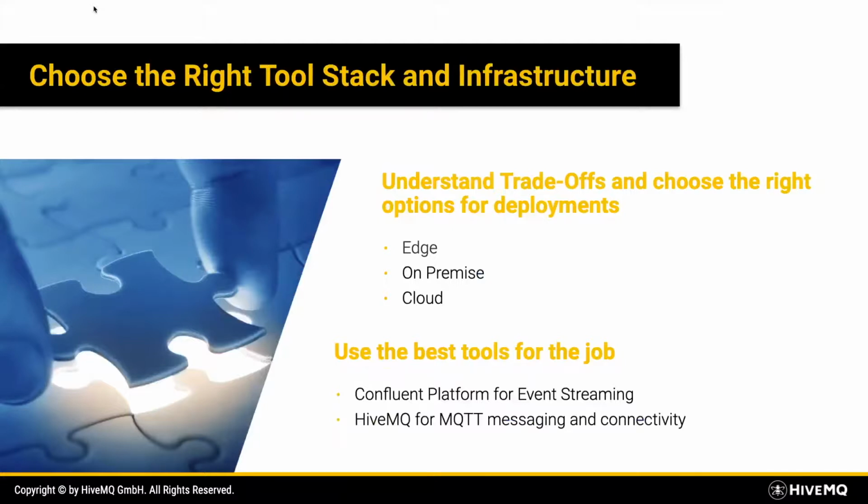Get yourself familiar with the advantages and disadvantages that you have on edge or on-premise or cloud deployments, and choose what's right for you. And whatever you choose, use the best tool for the job, which is the Confluent platform for event streaming, and really HiveMQ for the MQTT connectivity.